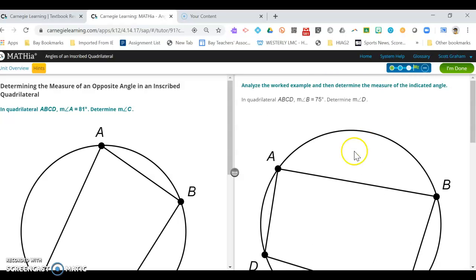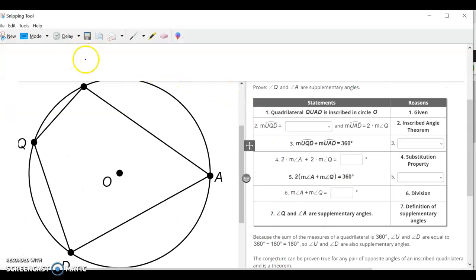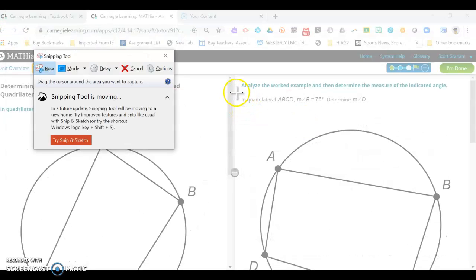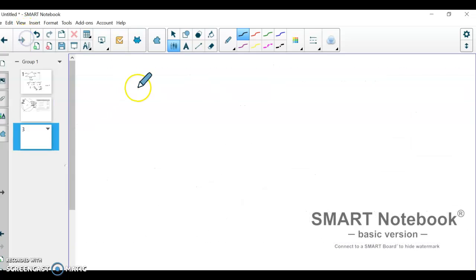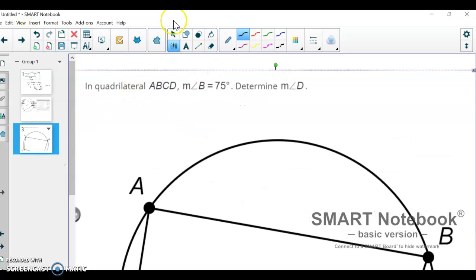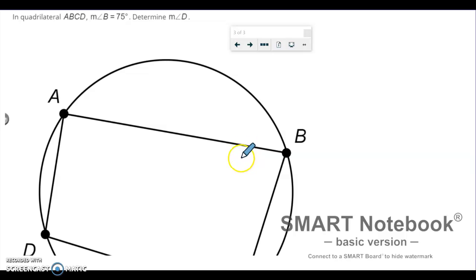Let's look at this example, and then you can try this. We're saying that this angle is 75 degrees, and we're trying to find out what angle D is. These are opposite angles, so I know that angle B plus angle D is going to equal 180.